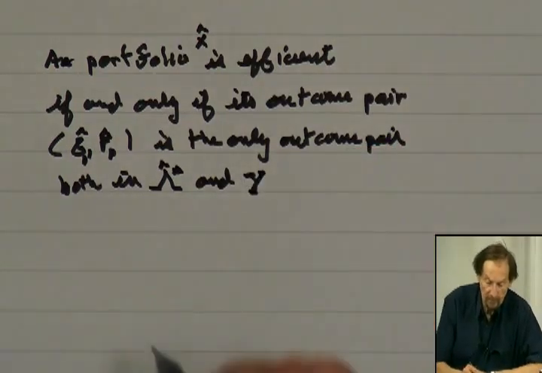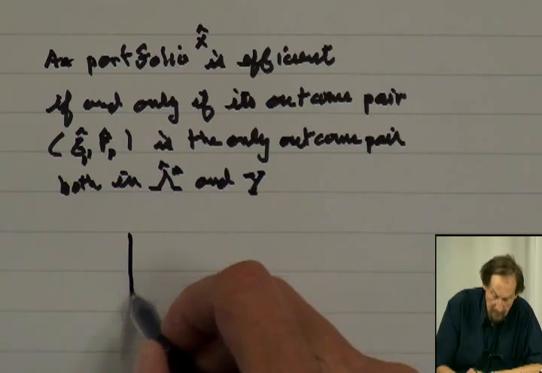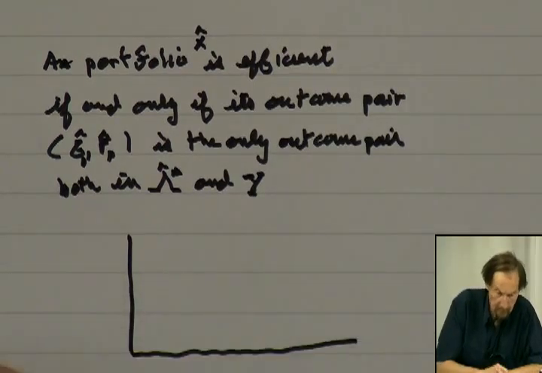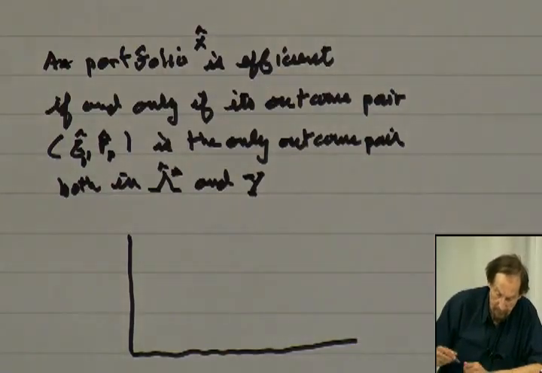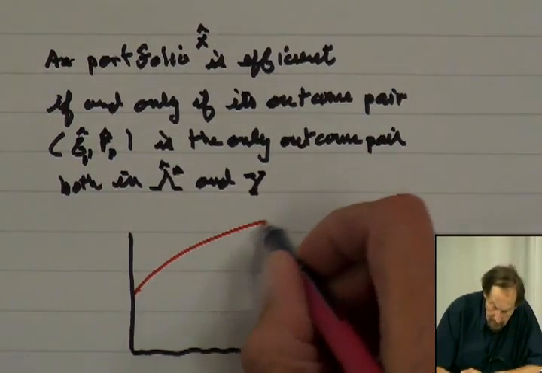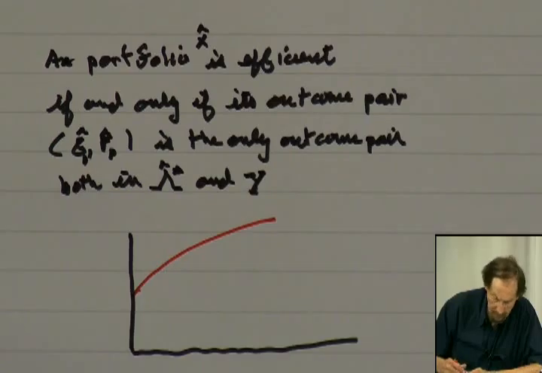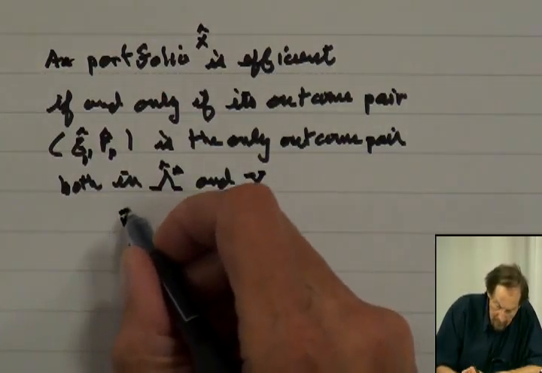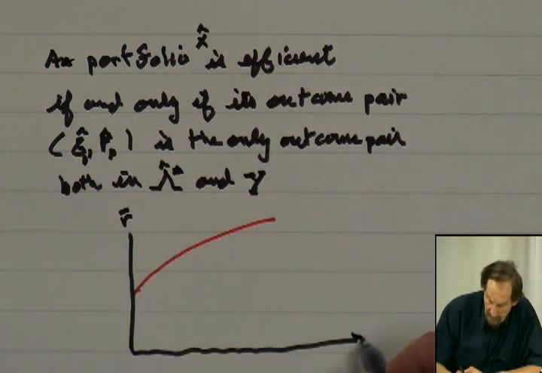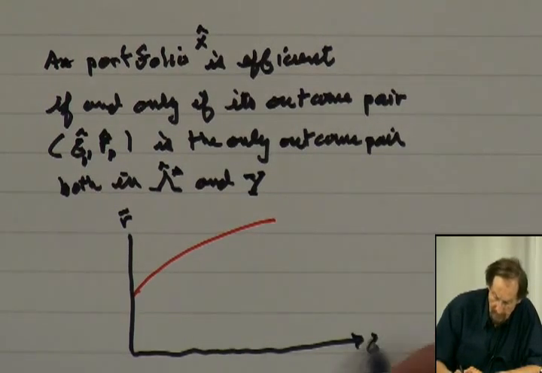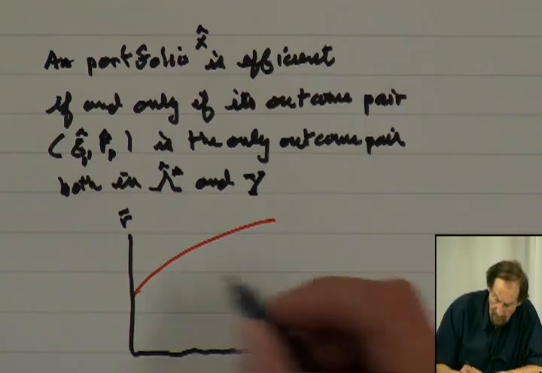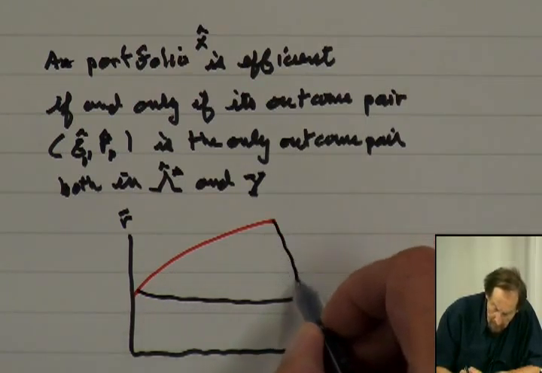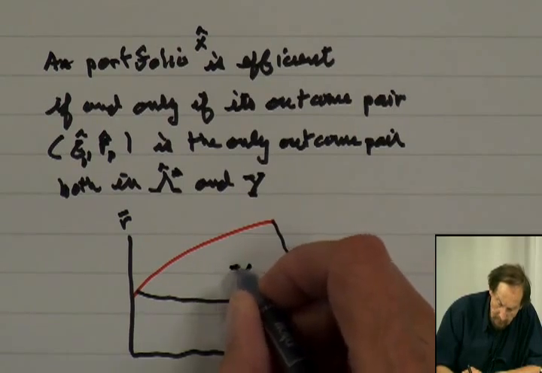In other words, if we look at this, here's our efficient frontier. We have r bar hat, sigma hat, and here's our set Y of outcomes.